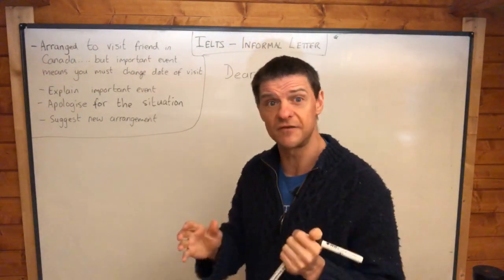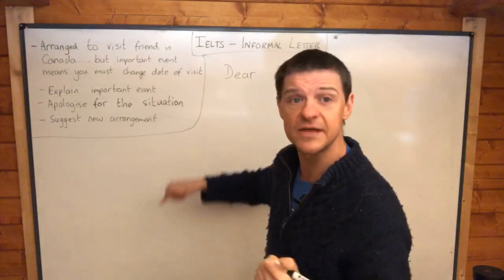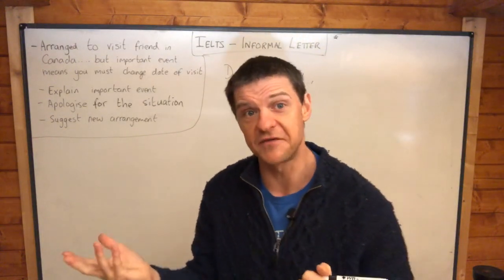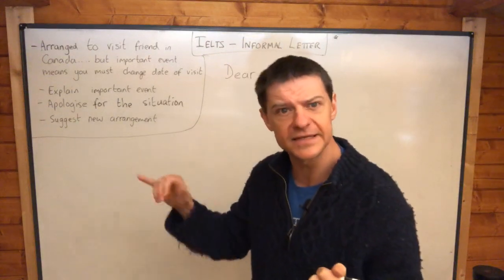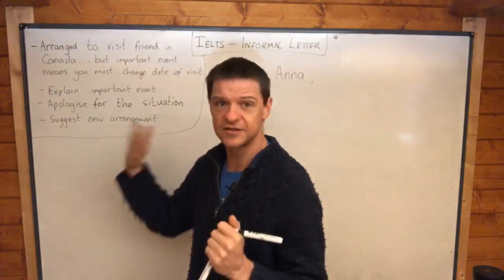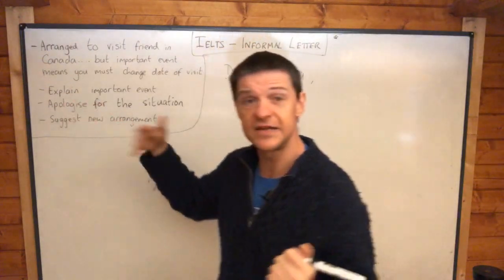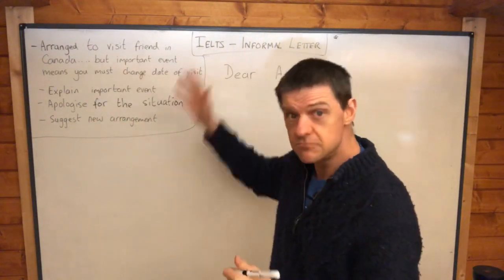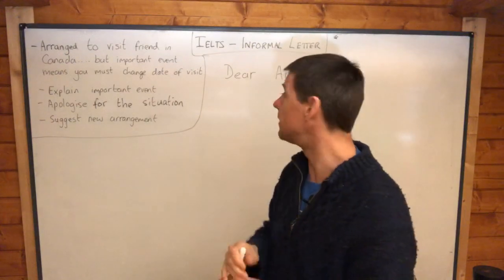I've seen it quite a few times that students think they've answered all three, but it's just in their opinion, and when you look through the letter carefully you realise that they haven't apologised, or they haven't suggested a new arrangement, or they haven't even explained in detail the important event. And so you must do all three to get a high mark.